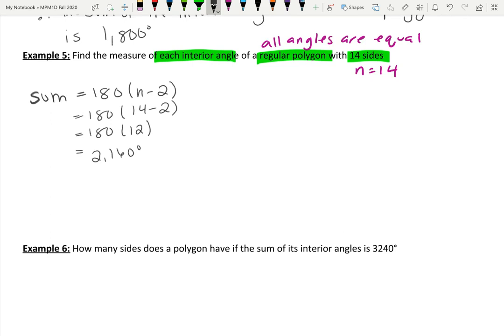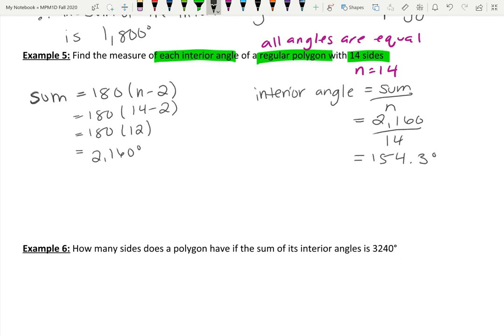So now I want to find what each interior angle is equal to. So interior angle is equal to the sum divided by how many sides there are. Okay, so you can only do this when it's a regular polygon because all the angles are equal. Okay, and I get a decimal and I'm going to leave it in decimal form.